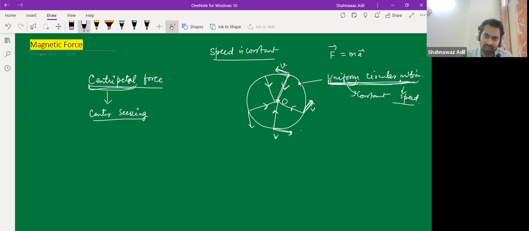Circular means that it is confined in this circle. So uniform circular motion. And the velocity is related with the angular velocity as omega r, right? And acceleration is how much, guys, for the uniform circular motion?